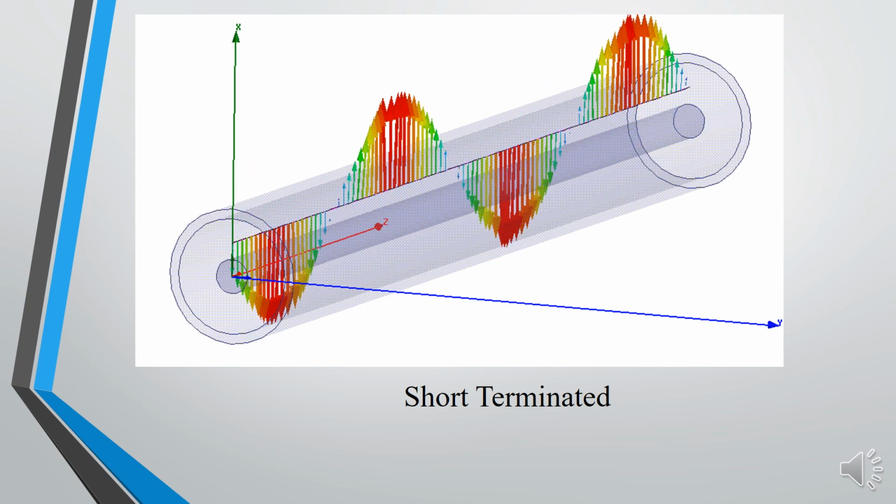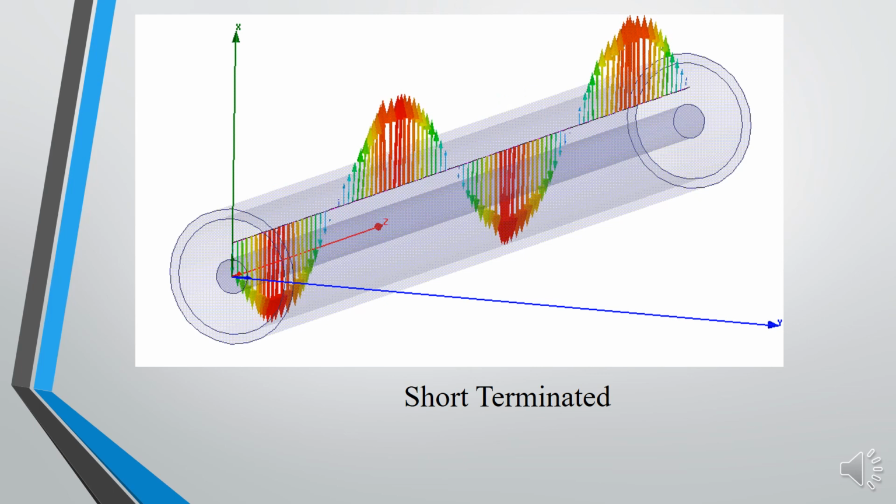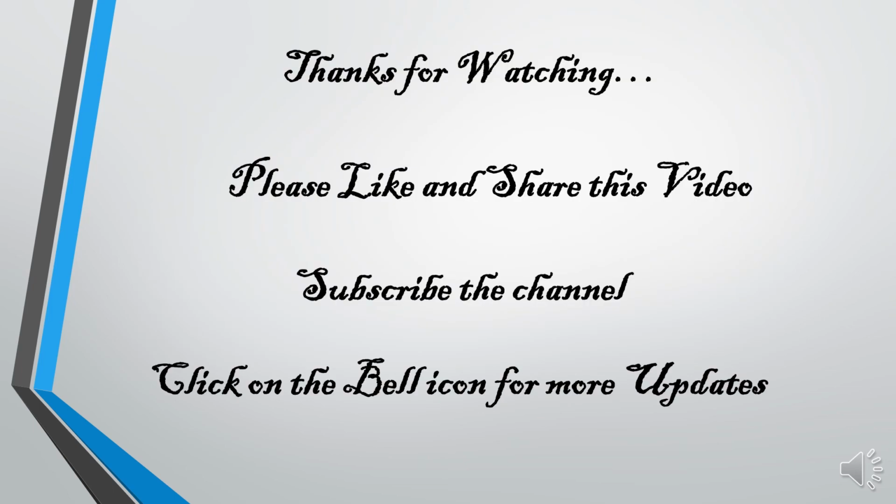It stays between Z equals 0 and Z equals L, if we consider the length of the transmission line to be L, right? So up to this we can conclude that in the case of matched termination, the wave propagates along the transmission line, and when the line is short terminated or open terminated, the incident wave is completely reflected back and makes a standing wave.